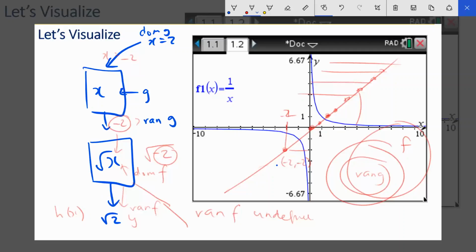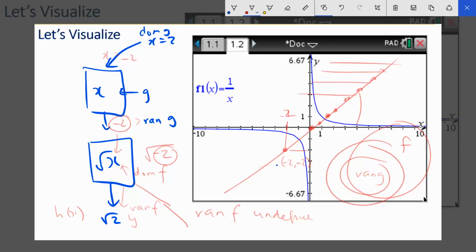Yes, Josh? If you're writing f with g of x, you could write it as root x, right? Yes. And then it would have the same domain as the original f of root x. Yes. So how come we can say that the domain of f of g of x isn't the same? No, what you're saying is right.